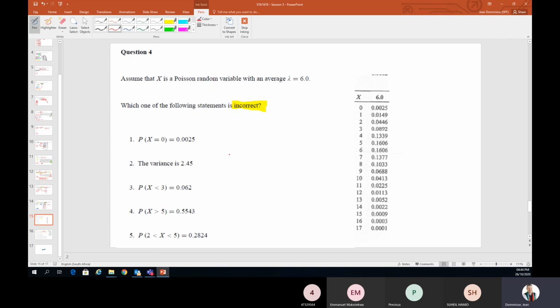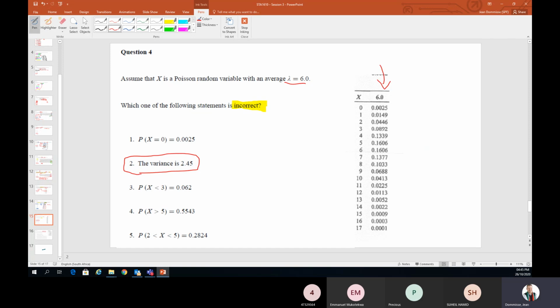Okay, so first we assume that x is a variable with that. I took the table so that we can look at the probabilities. The interesting thing here is that when you do the binomial and the Poisson distribution, the thing that I would always work out first, before I start looking at the probabilities, is my mean and variance.